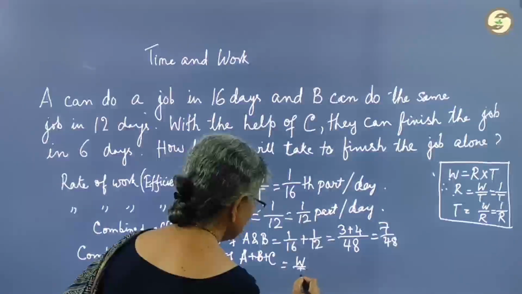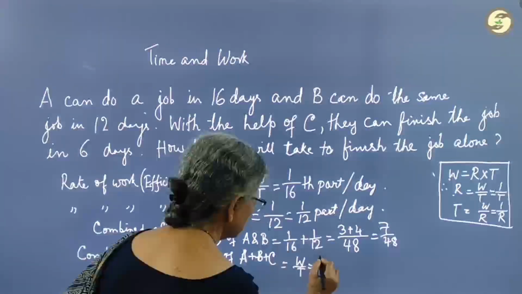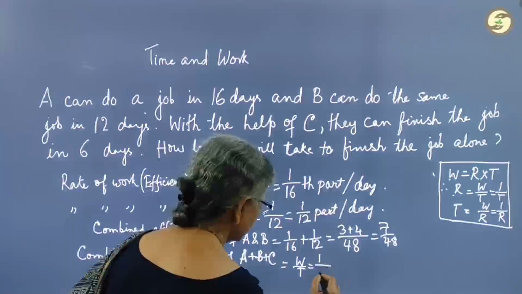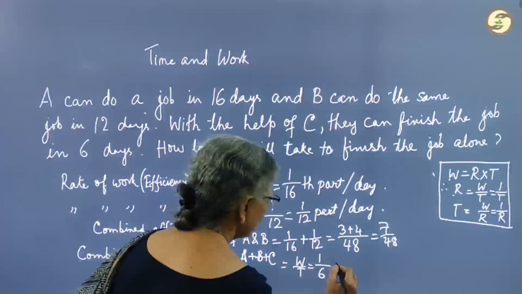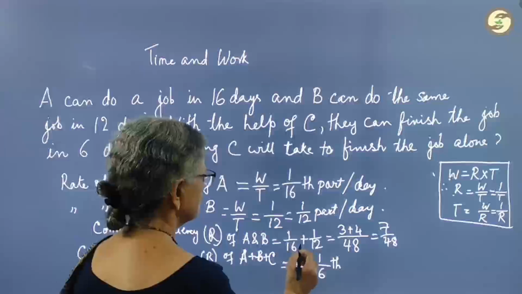When C joins, they can finish it in 6 days. So work is 1 unit and time is 6 days. So 1/6 part of the work per day they can do.